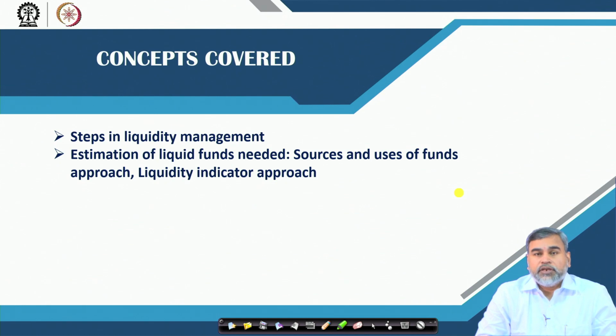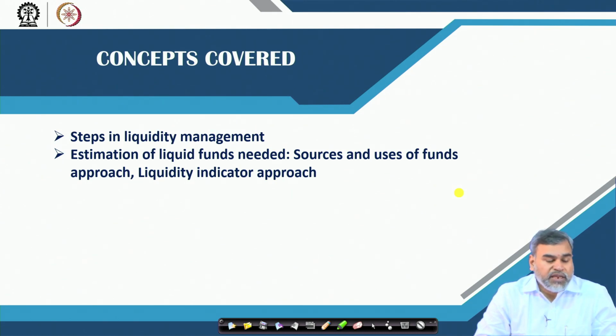That means the steps in the liquidity management, this is number 1. And number 2, whenever these liquidity requirements are estimated, what are those different methods or approaches used to measure the liquidity requirements of the commercial banks.